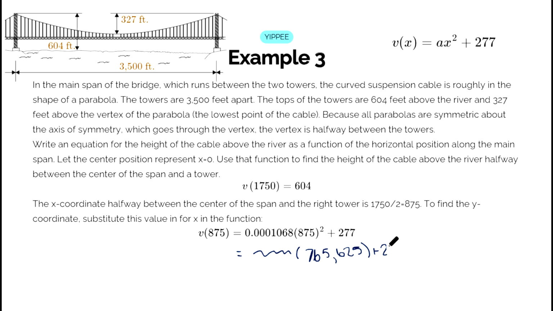Plus 277. So if we take our 765,625 and multiply it by our decimal, 0.0001068, that's going to give us 81.76875 plus 277. So we'll add those together, and that is going to give us our final of 358.76875. And just so you know, they said 359, they just rounded up.